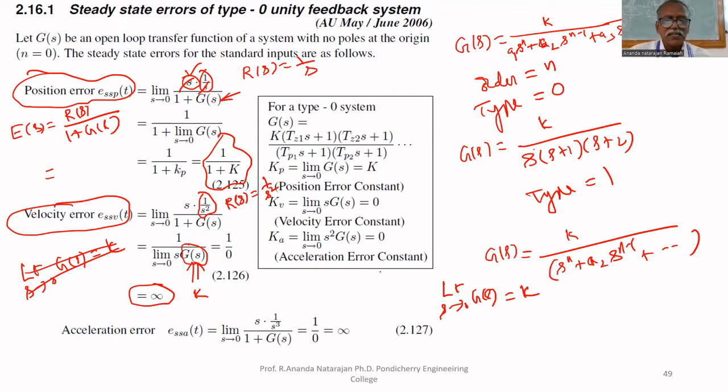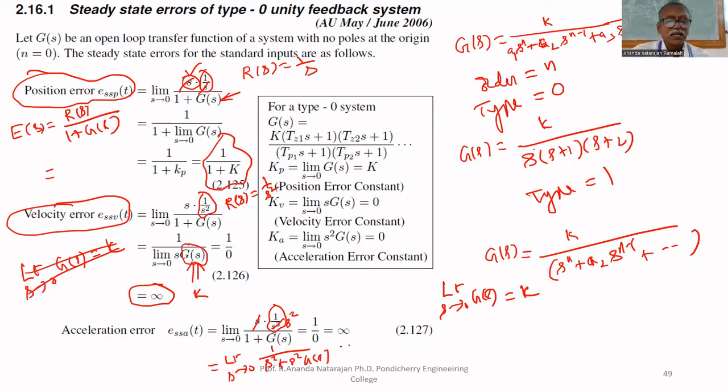Acceleration input means r of s equal to 1 upon s cube. For a Type-0 system, limit s tends to 0, this becomes s square, so you will get 1 upon s square g of s.